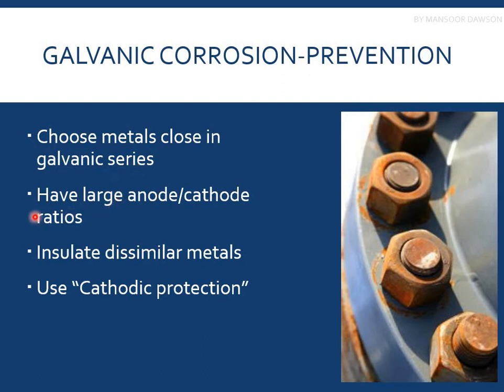Then you may choose large anode to cathode ratios. You can insulate the dissimilar metals by providing some grease or some oil, which is organic.